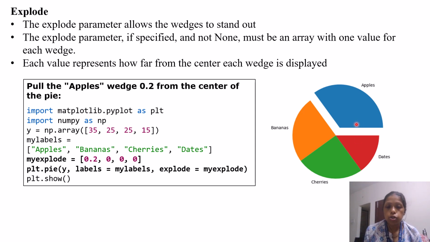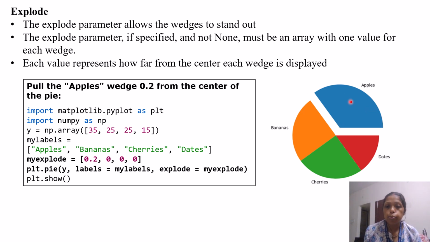If you want to visualize the data this way, you need to separate out a particular section from this pie plot. What is the distance between the center and the separation? This is the position of this location. Suppose this location is 0, you have to write the position here.